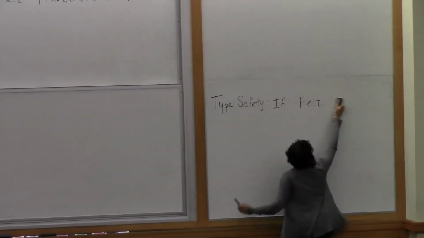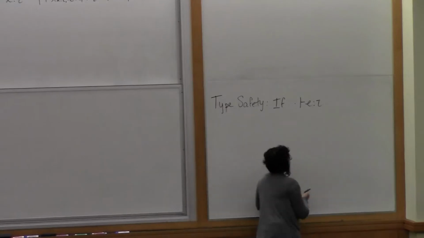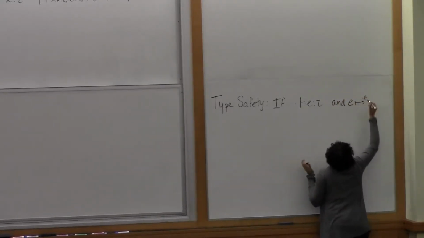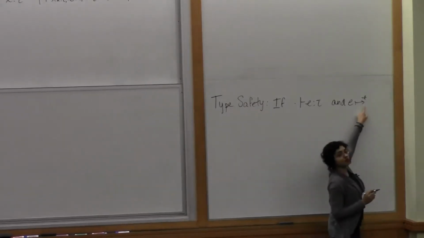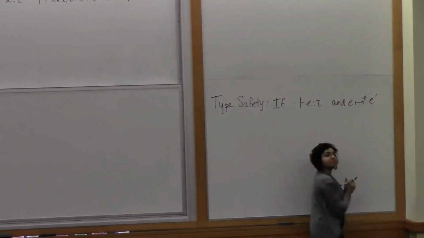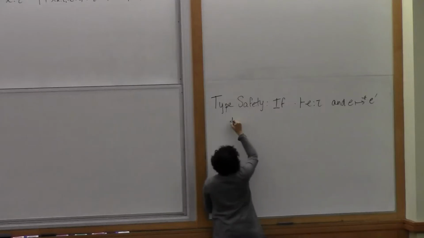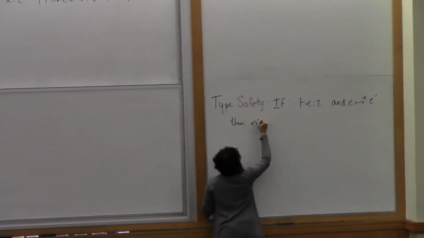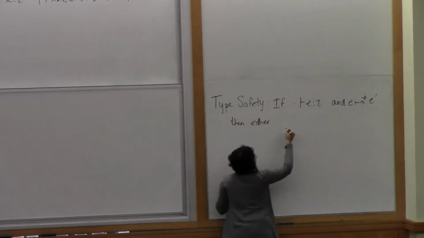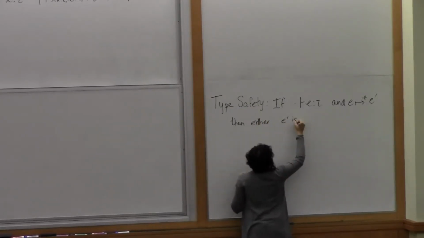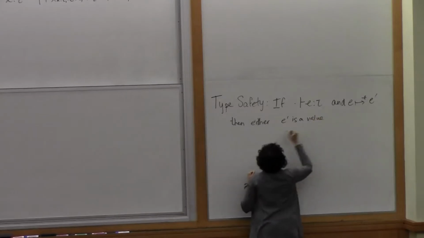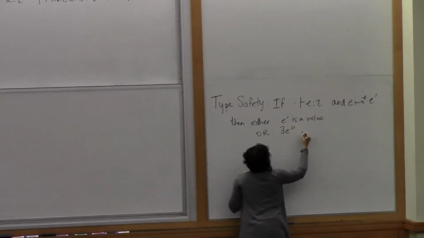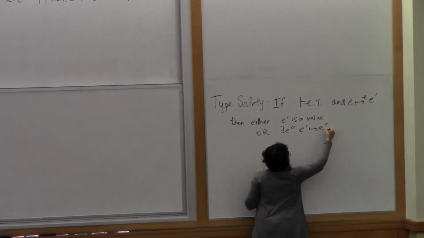We want to say that if a program is well typed, and let's say it takes some number of steps, 0 or more, to some E prime, then at that point in time, either E prime is a value, or there exists another E double prime such that E prime can step to E double prime.